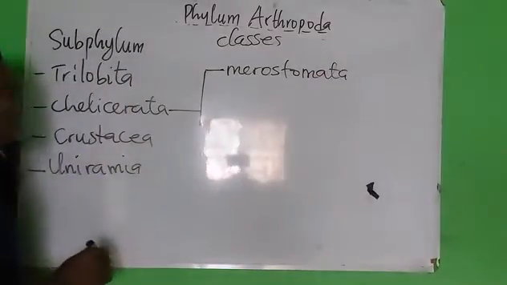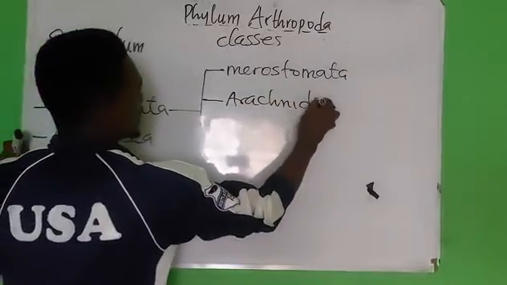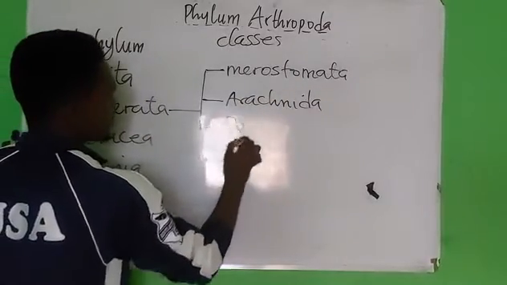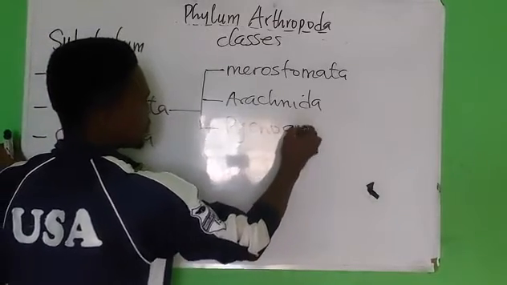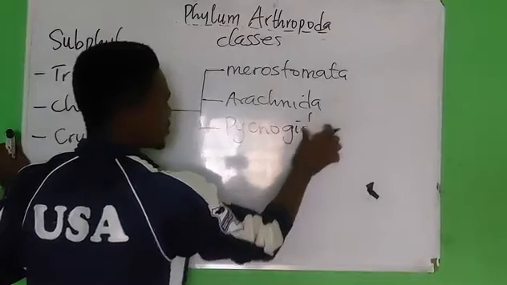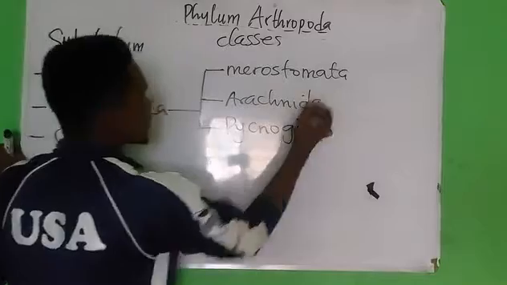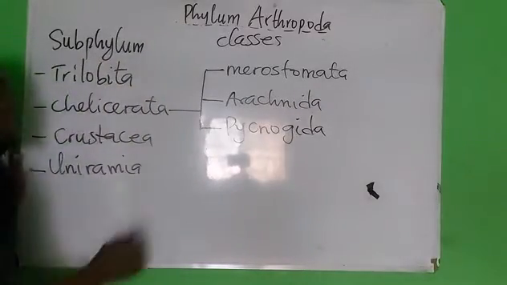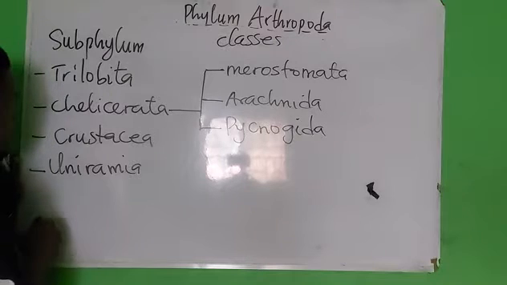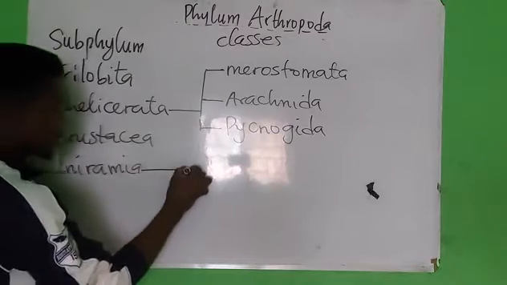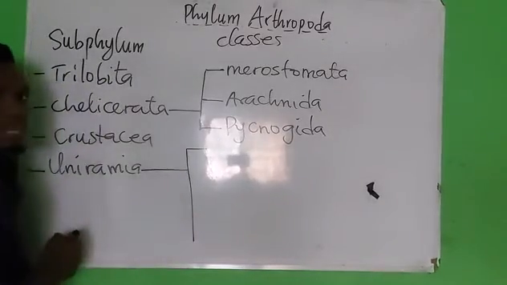We have class Arachnida, and we have class Pycnogonida. And under the Uniramia, we have different classes as well, alright?